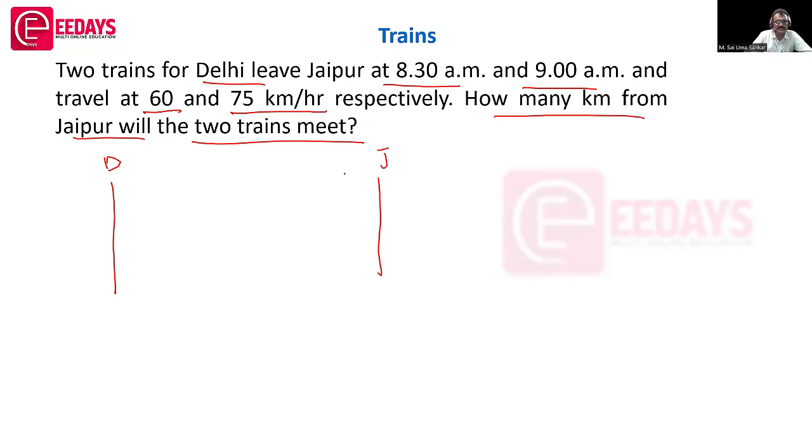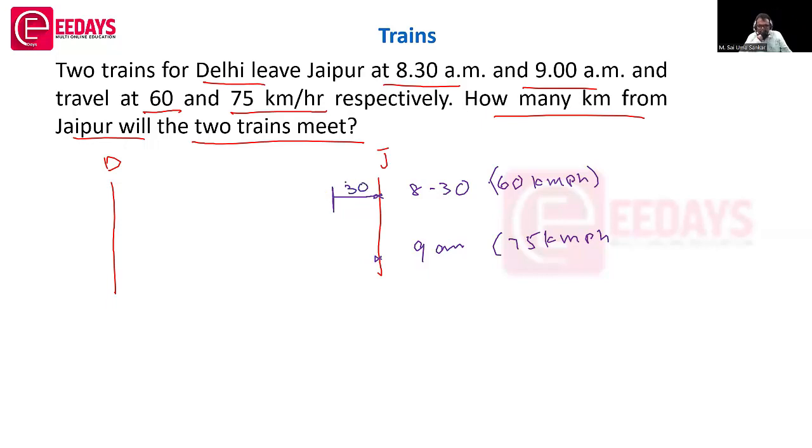Let us take this as 8:30 a.m. and this as 9 a.m., and the speed is 60 kilometers per hour and the speed is 75 kilometers per hour. Now, in half an hour, this train covers some distance. How much distance? 30 kilometers or not? Is it clear, all of you?